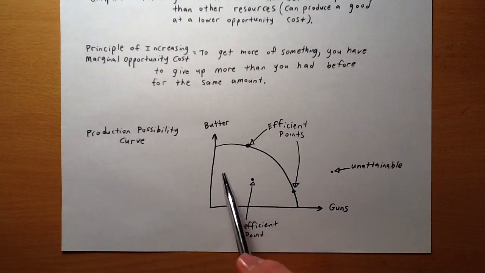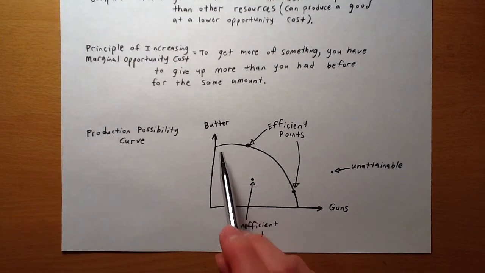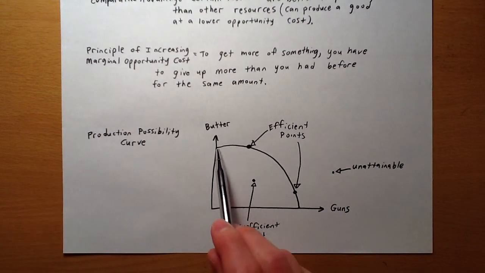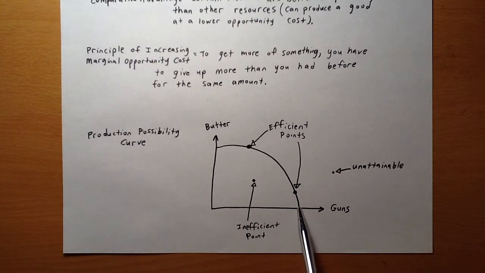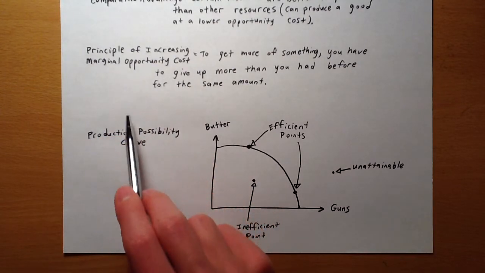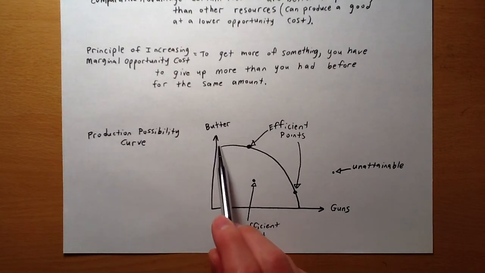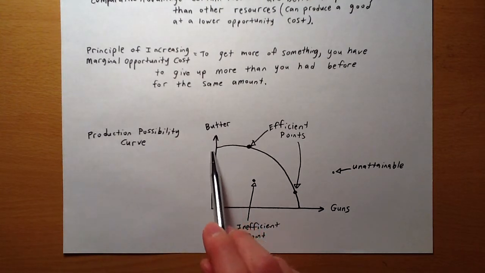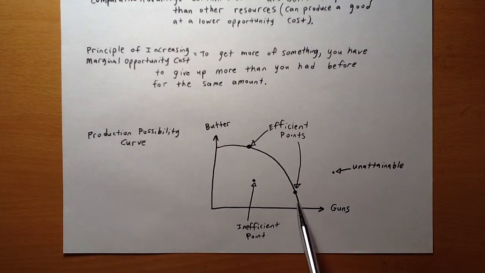You may ask, why is it shaped like this? Why isn't it just a straight line from the max amount of butter we can produce to the max amount of guns? This is because of the principle of increasing marginal opportunity cost. Because at this point right here, we have everyone producing butter. At this point right here, we have everyone producing guns.